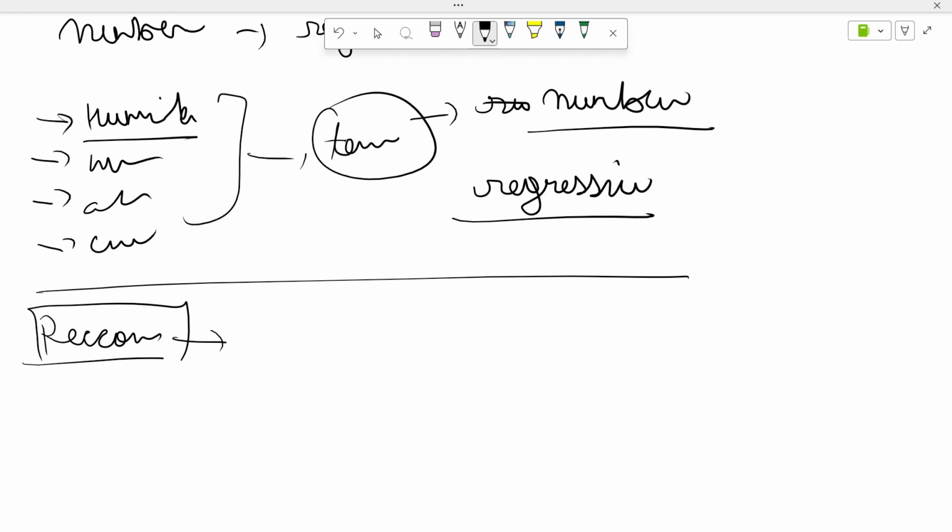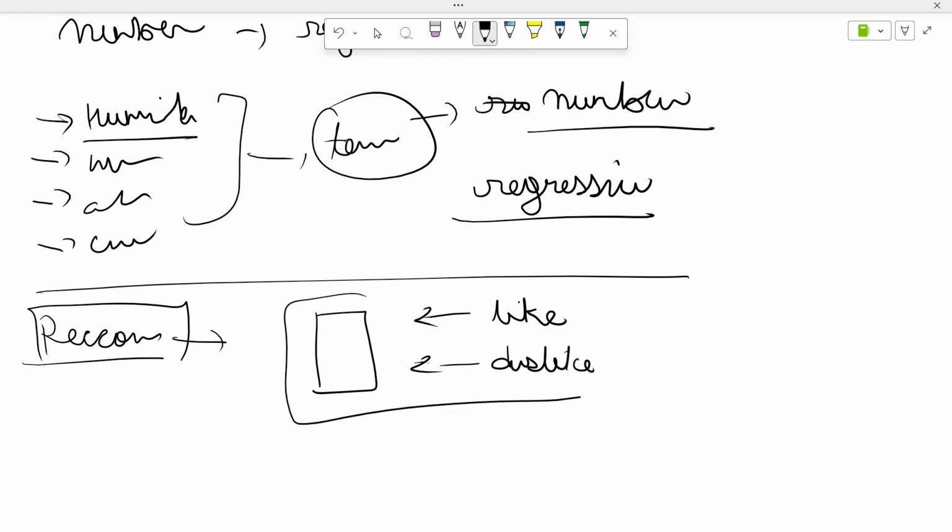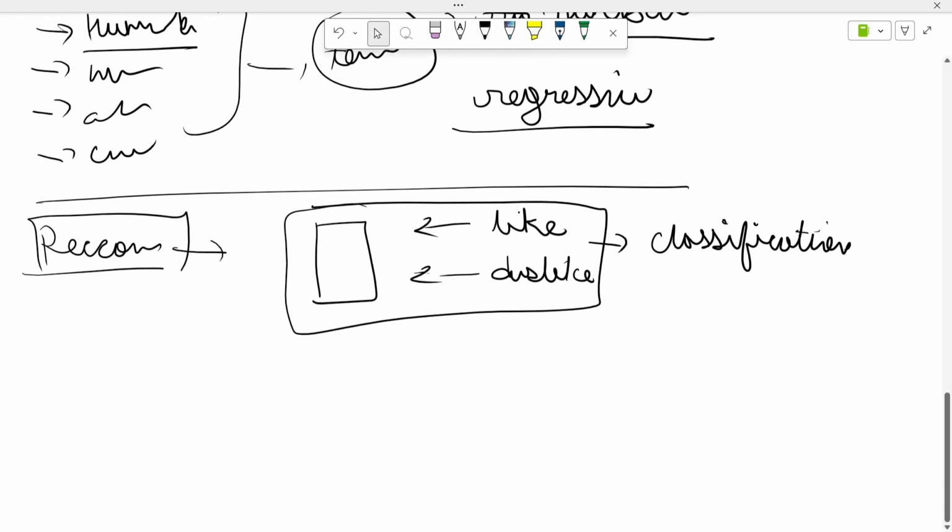In the feedback itself, for each video, the model predicts whether you will like it or dislike it. That small part for one particular video is also a classification problem within the complete recommendation system. Likewise, you can identify the output: if the output is a category, then it is classification; if it is a number, then it is regression.